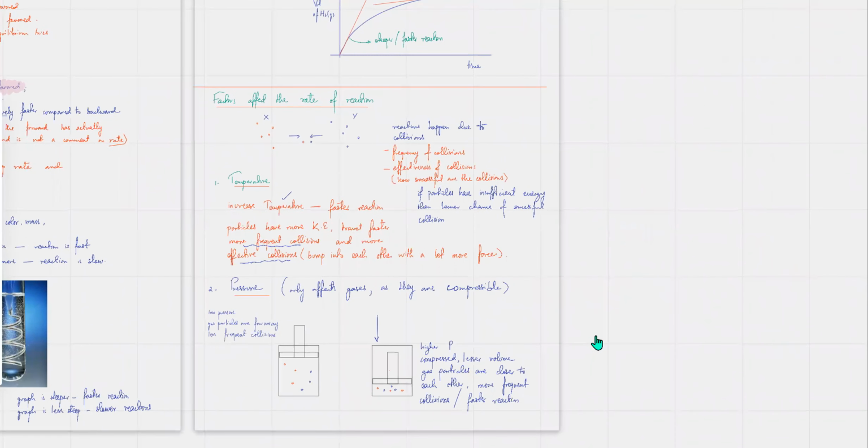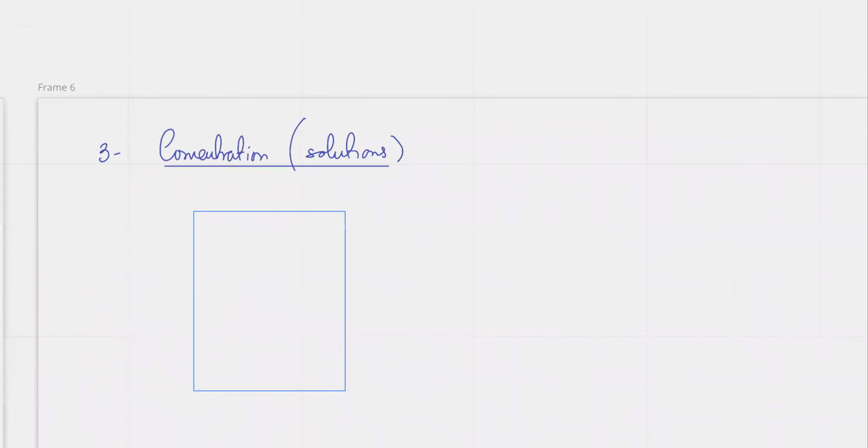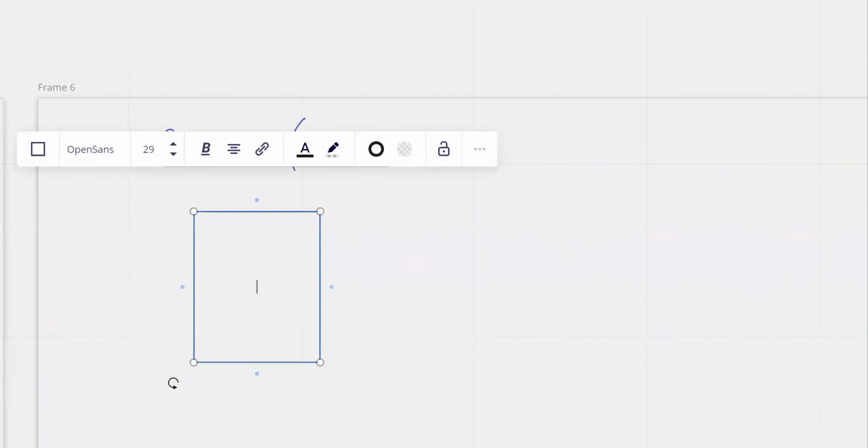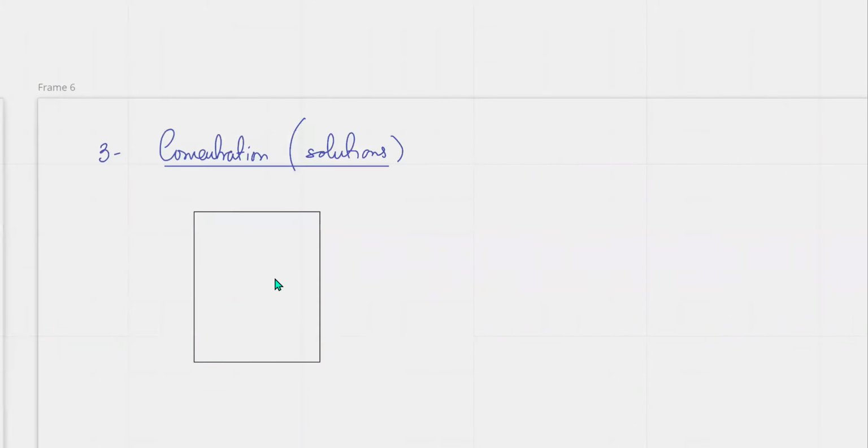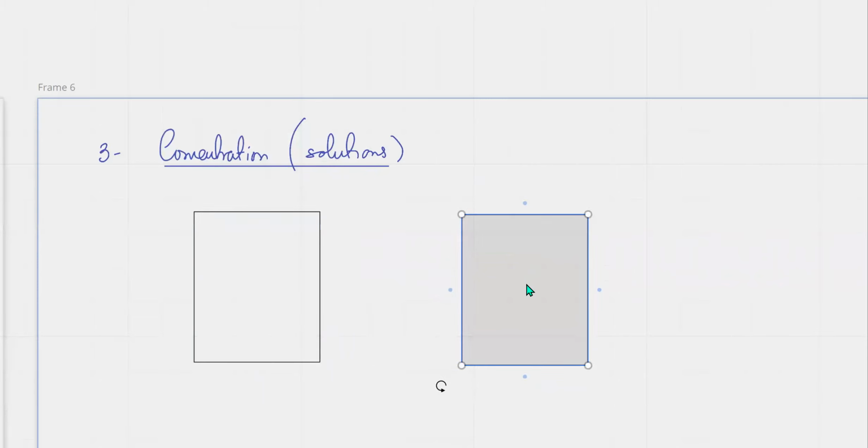What concentration stands for is the number of particles per unit volume. Like if I have a solution, so this is one container, this is one beaker, and here's your other beaker. They both have some solution in them. One is more concentrated than the other one.